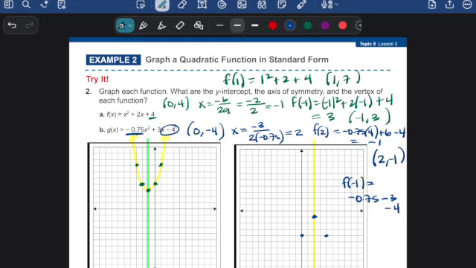So I have -7.75. So my next point would be (-1, -7.75). Can plot that, -1, almost to -8. And then we can reflect that. And there's our nice curved graph. Connect with a curved line and arrows on the end.